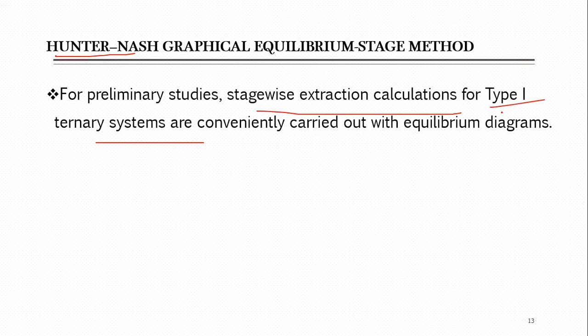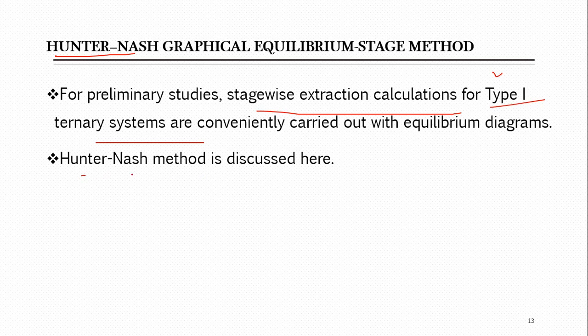I have told you already that type 1 refers to partially miscible solvent systems. These are the common systems we come across in industrial applications, so we have to design our system based on type 1 ternary systems.